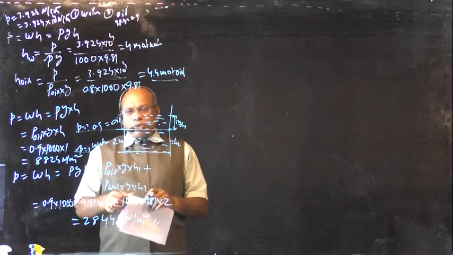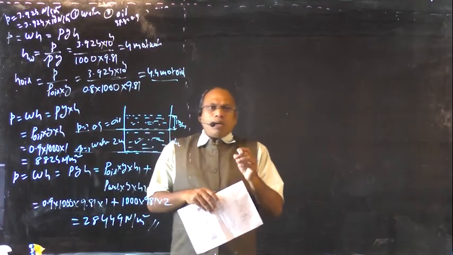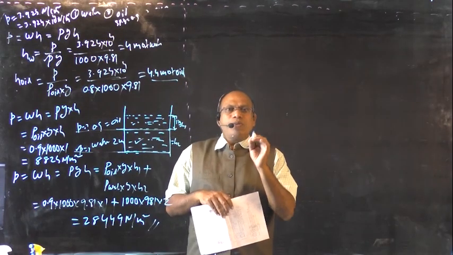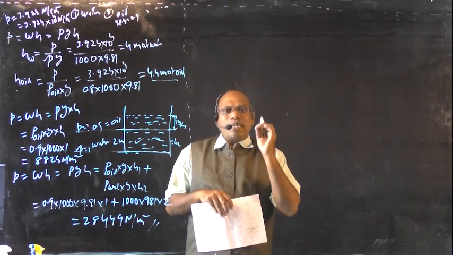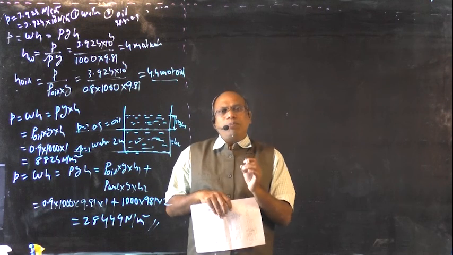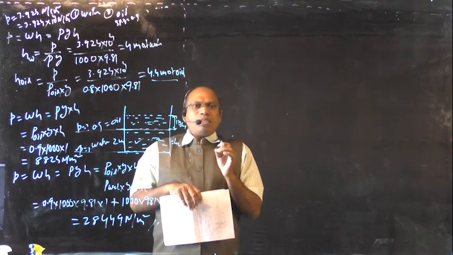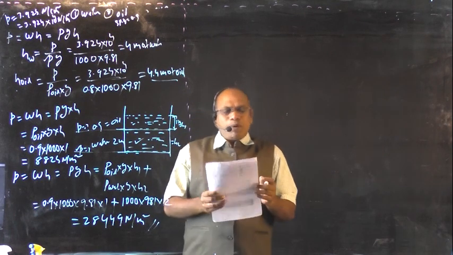Now we are going to solve some problems related to the manometers. Before going to solve the problems related to manometers, first you are going to draw the diagram. Based on the given problem, first we are going to draw the diagram, then only solve the problem. Right? Please note down the problem.